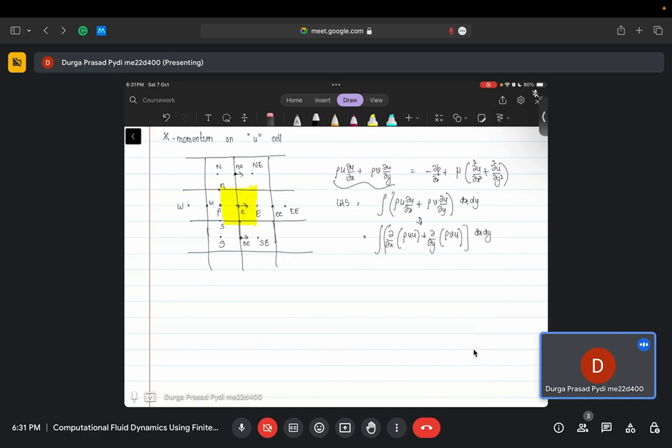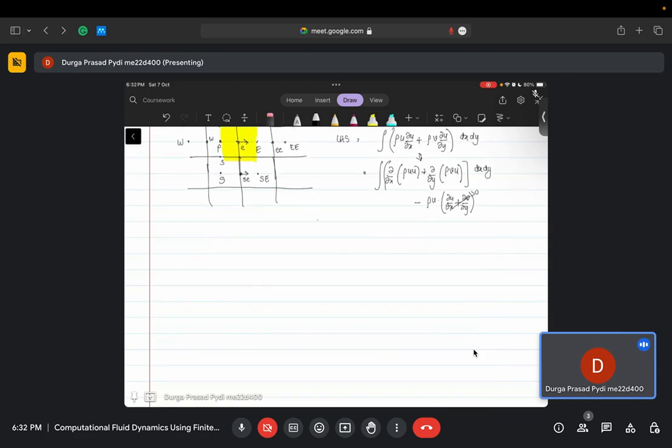Since there is the continuity equation, there will be two more minus terms, the other terms will just cancel off. So essentially you will have minus rho u times del u del x plus del v del y. I'm just making it 0, so this is the equation you get directly. So once you integrate it, this is where you get your non-linearity. So how do we solve that?